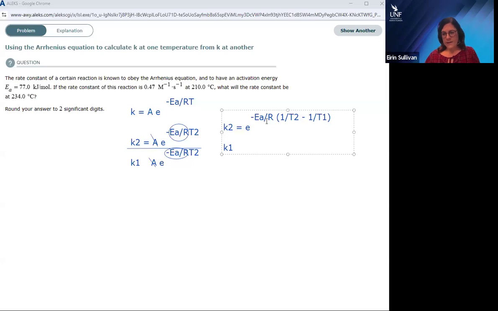We can make that a little better, because e to the power of all that jazz is just a bit too much. So we're going to take the natural log of both sides to get rid of that pesky e to the power of. So the natural log of k2 over k1, parentheses advised, is going to be equal to minus Ea over R times 1 over T2 minus 1 over T1.